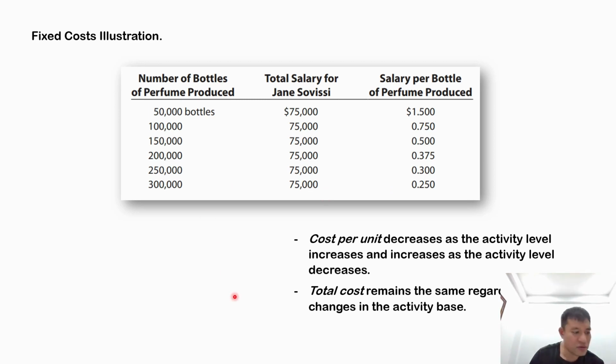So the total cost remains the same regardless of changes in the activity base. Jane Suvisi's salary of $75,000 remained the same regardless of whether 50,000 bottles or 300,000 bottles were produced.